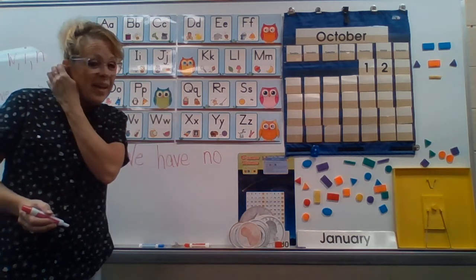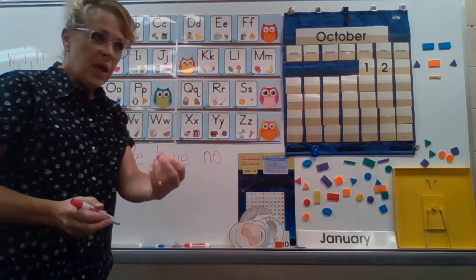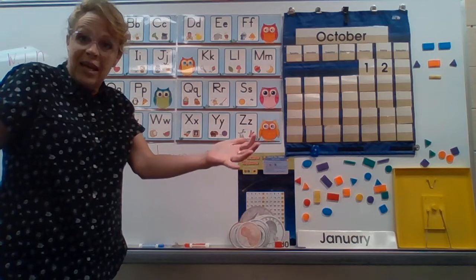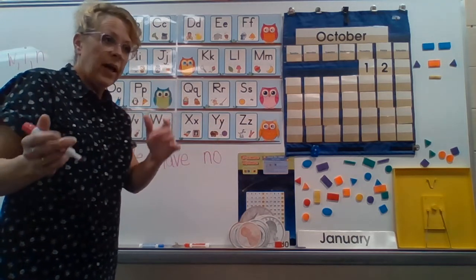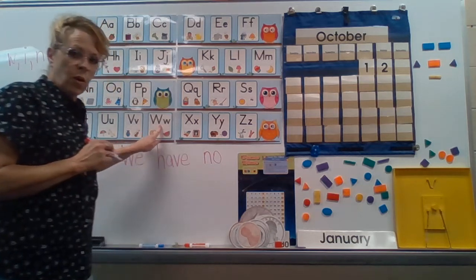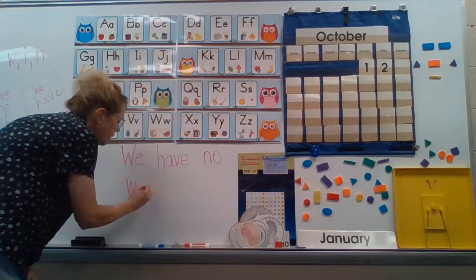Now it takes, that's a long word. And even when you say it, it sounds long, right? So we're going to write the word watermelon and see how many letters did it take to write just that 1 word, all right? So we know watermelon starts with W because that's the picture on our W card here, right? So we're going to write a W. Now watch.